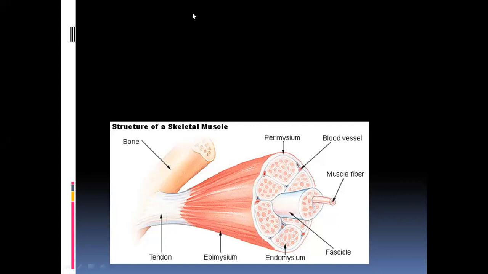The human body is made up of different types of muscles. There are three main types: the smooth muscles, the skeletal muscles, and the cardiac muscles. These are the main types of muscles that are found in the human body, and they serve all types of functions for the human body.